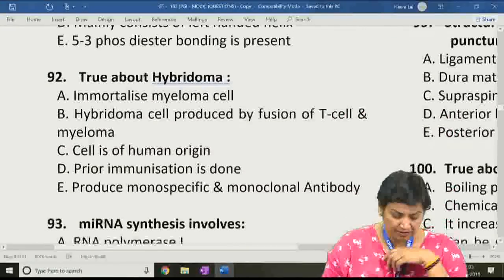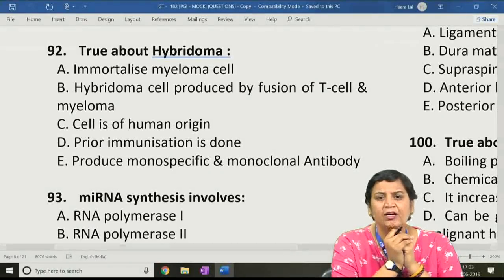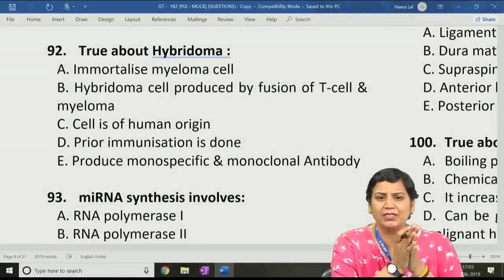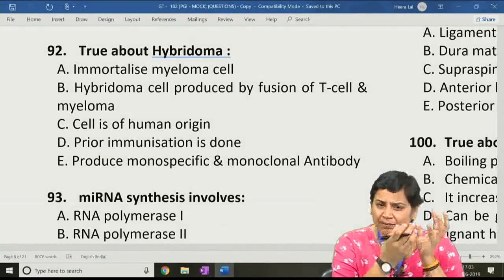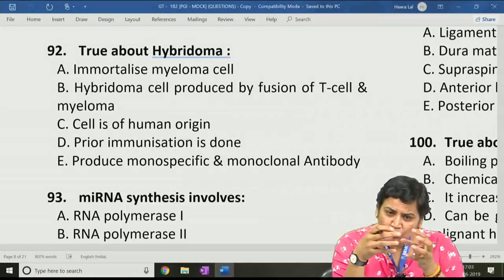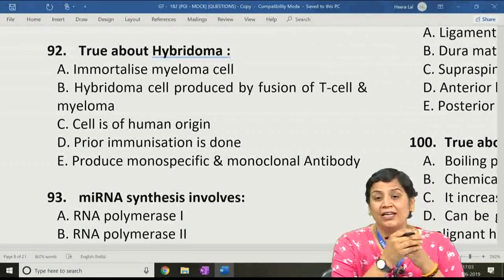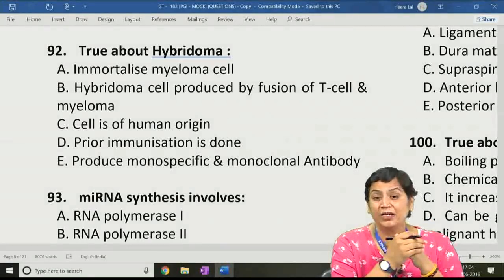Then question 92, true about hybridoma. Hybridoma technique is the most widely used technique to form monoclonal antibodies. Basically what happens is, we make the hybridoma by taking B cells and fusing them with myeloma cells in the presence of polyethylene glycol, and they are multiplied in HAT medium.